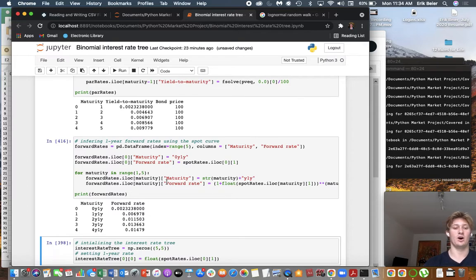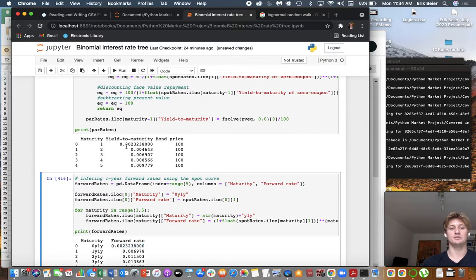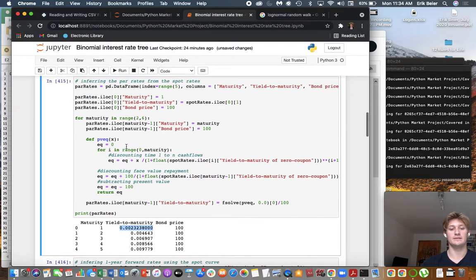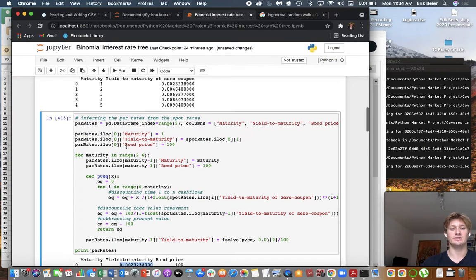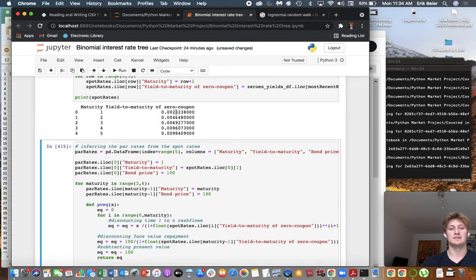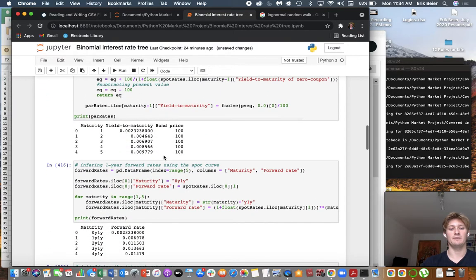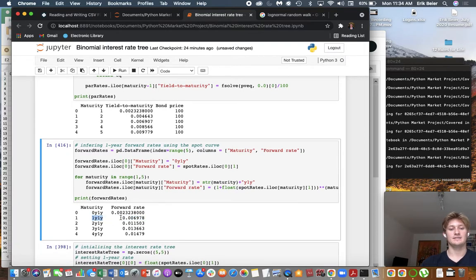we can get our forward curve. These are the 1-year rates for different maturities. So the 1-year rate today is going to be the same as the yield to maturity on a 1-year bond. Again, the assumption here is these are annual paying bonds. And it's also going to be our spot rate. But then for our 2-year, this is the rate that we can lock in today following a no arbitrage rule.